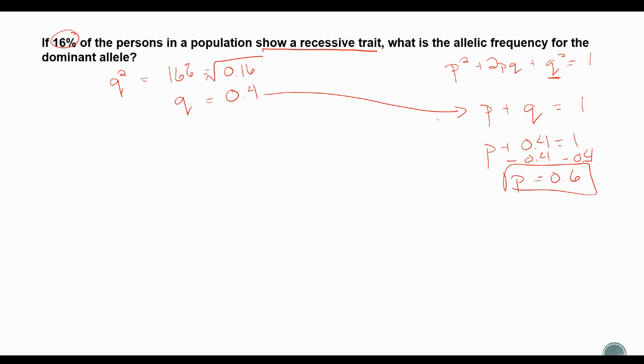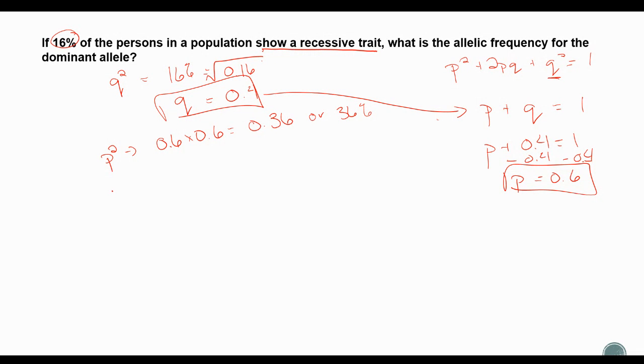So now I know P, in addition to knowing my Q and my Q squared, right? So now I can find P squared. P squared is going to be 0.6 times 0.6, which equals 0.36. And that would be 36% of individuals.